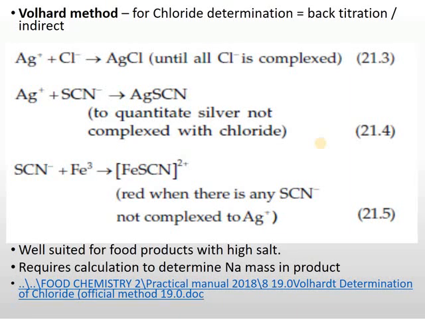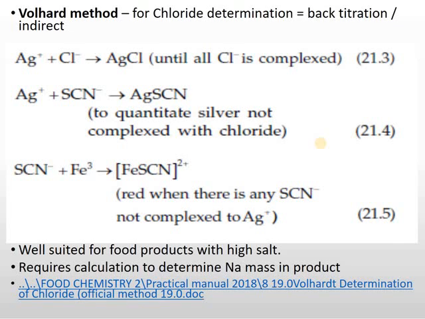So then what actually happens in the actual process? As I had mentioned, this is a complex procedure. This method actually uses a back titration with potassium thiocyanate to determine the concentration of the chloride ions in solution because it's been separated.